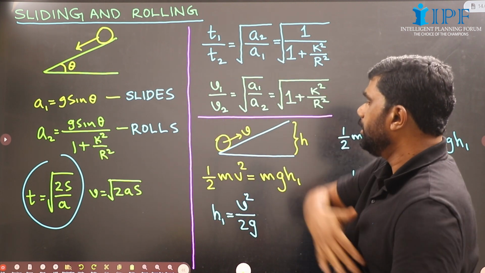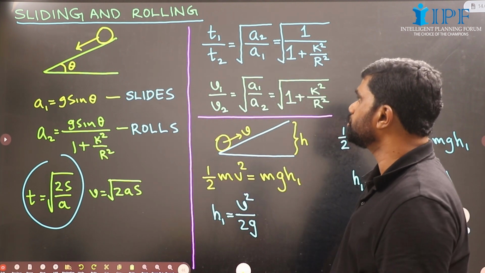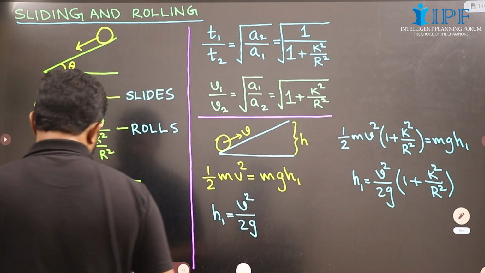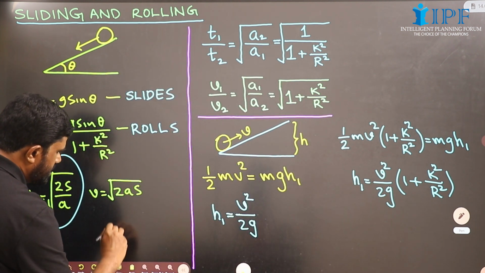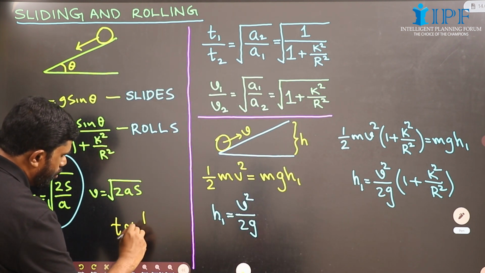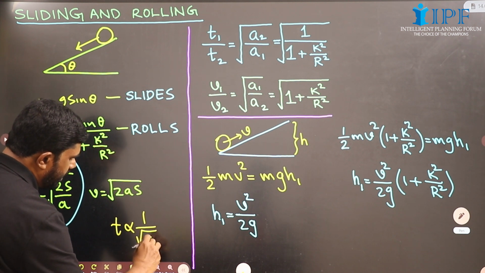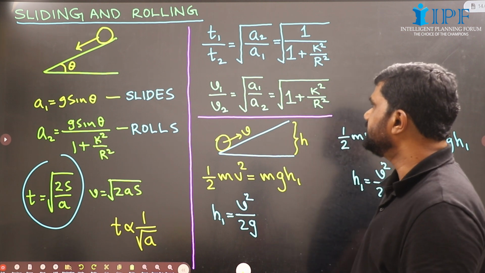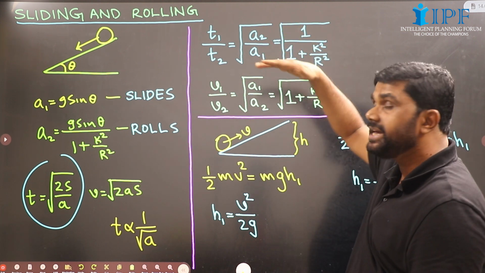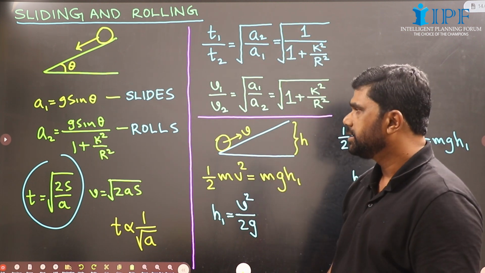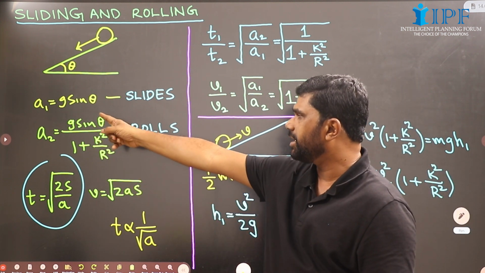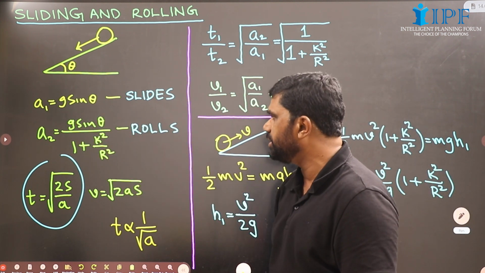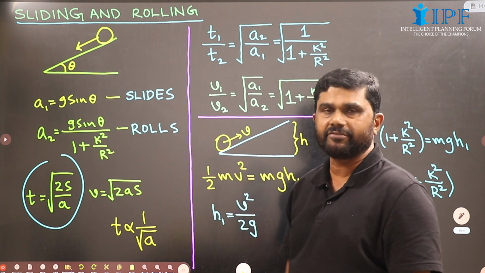So we can say t is directly proportional to 1 divided by root a. Okay, 1 by root a. So t1 by t2 will be equal to a2 by a1 under root. Okay, so a2 by a1, see, this a2 we have to divide with the a1, g sine theta.